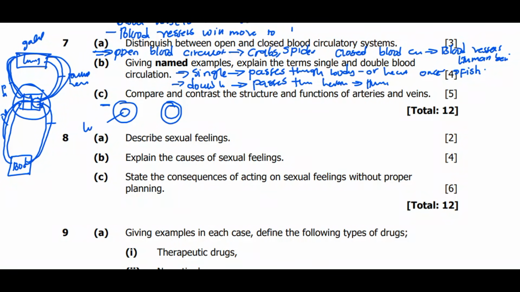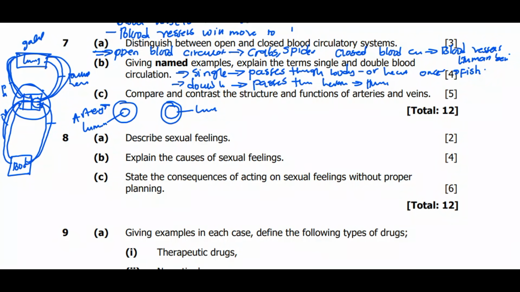A lumen is just the space where the blood passes through. So the first difference is that arteries have small lumen while veins have large lumens.